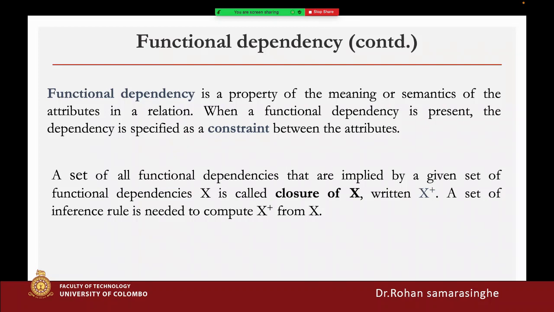A set of all functional dependencies that are implied by a given set of functional dependencies X is called the closure of X, written X plus. A set of inference rules is needed to compute X plus from X. So what are these inference rules?